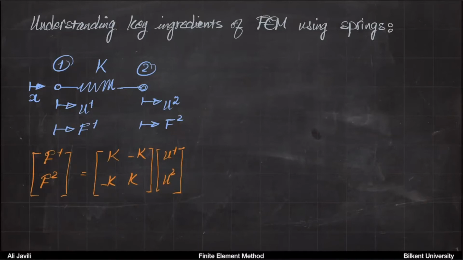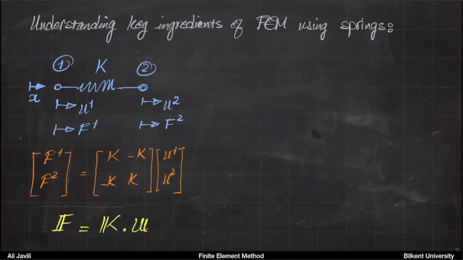This is very simple, of course, but it is exactly our usual system, F equals KU. And once you have this, you can solve it. This is like a finite element method with only one element, and it simplifies significantly.